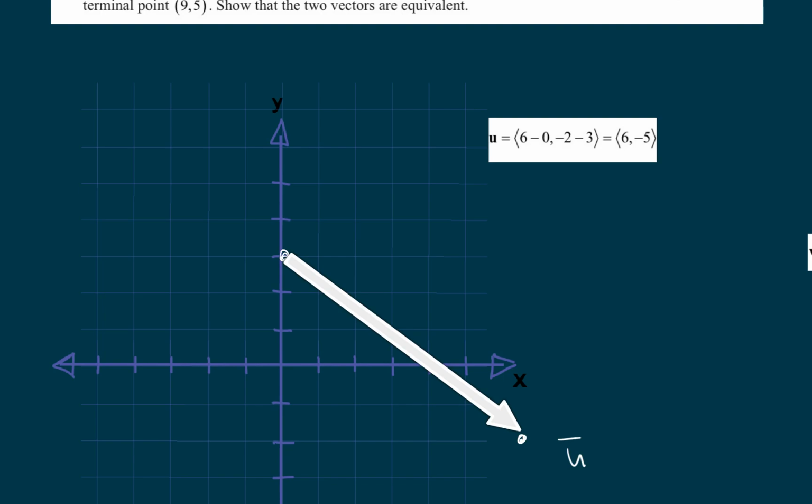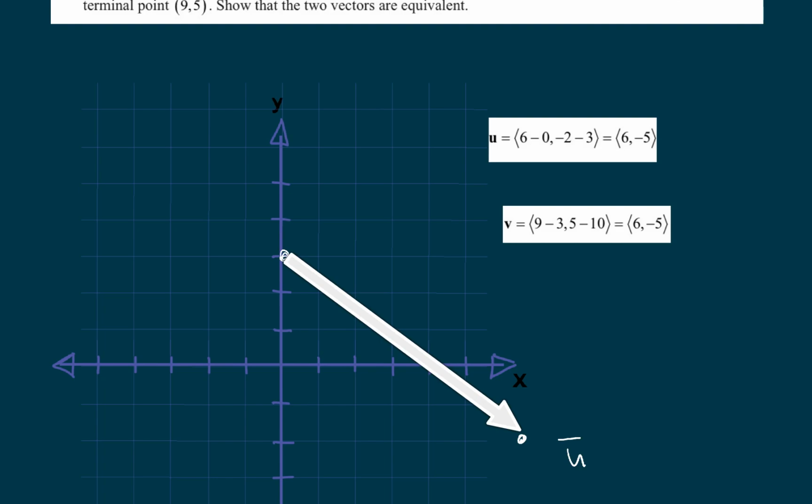To find v, we do the same approach. v will be 9 minus 3, the head minus the tail, the x component, comma, the y component of the head minus the y component of the tail. And it will be 9 minus 3, comma, 5 minus 10.